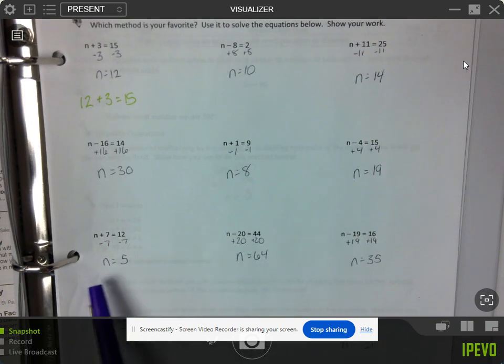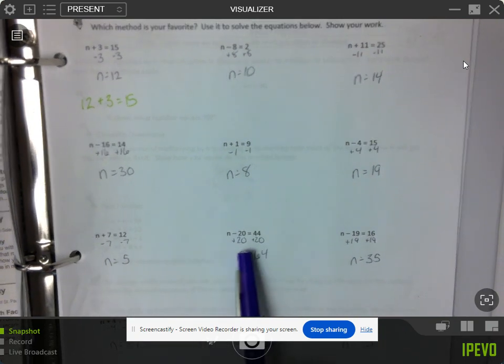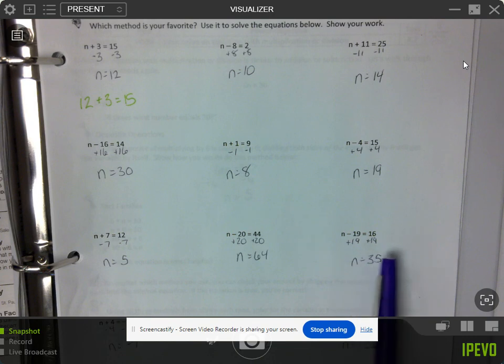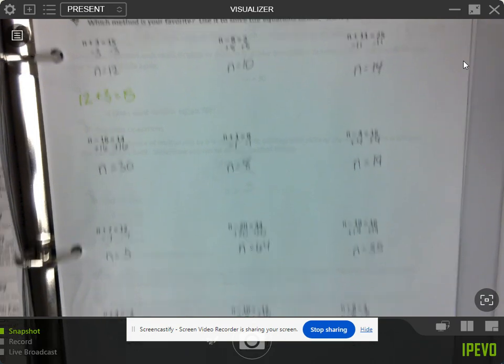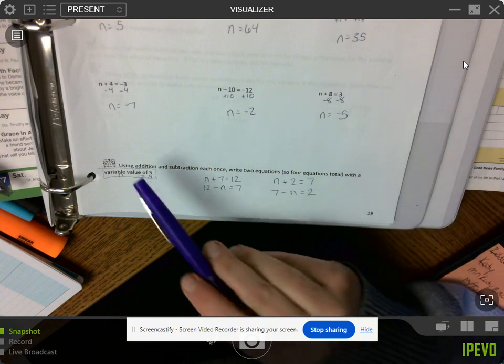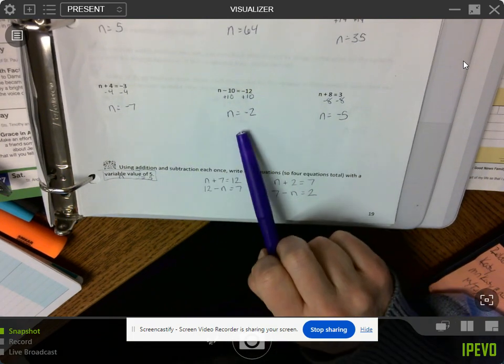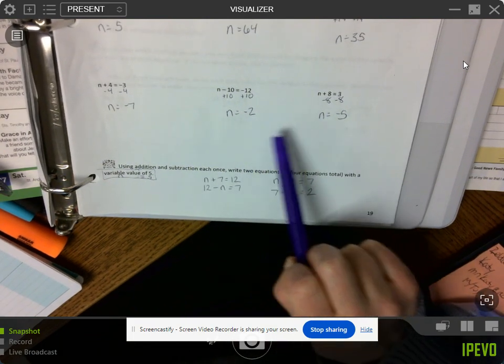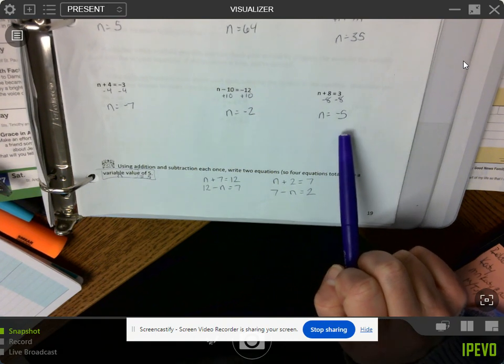So we had minus 7 on both sides, plus 20 on both sides, plus 19 on both sides. Any questions on those? Then we have n equals negative 7, n equals negative 2, and n equals negative 5.